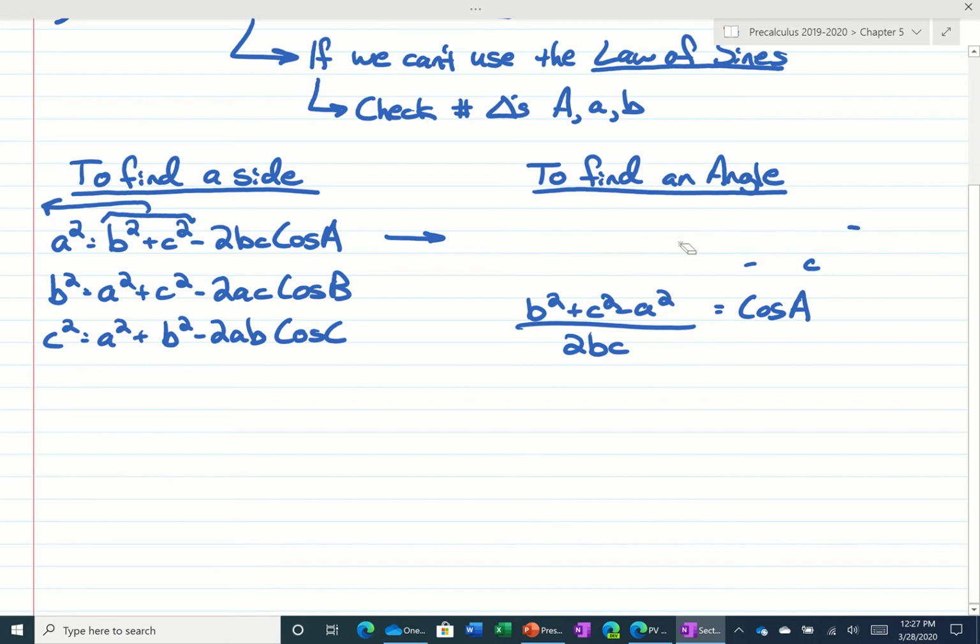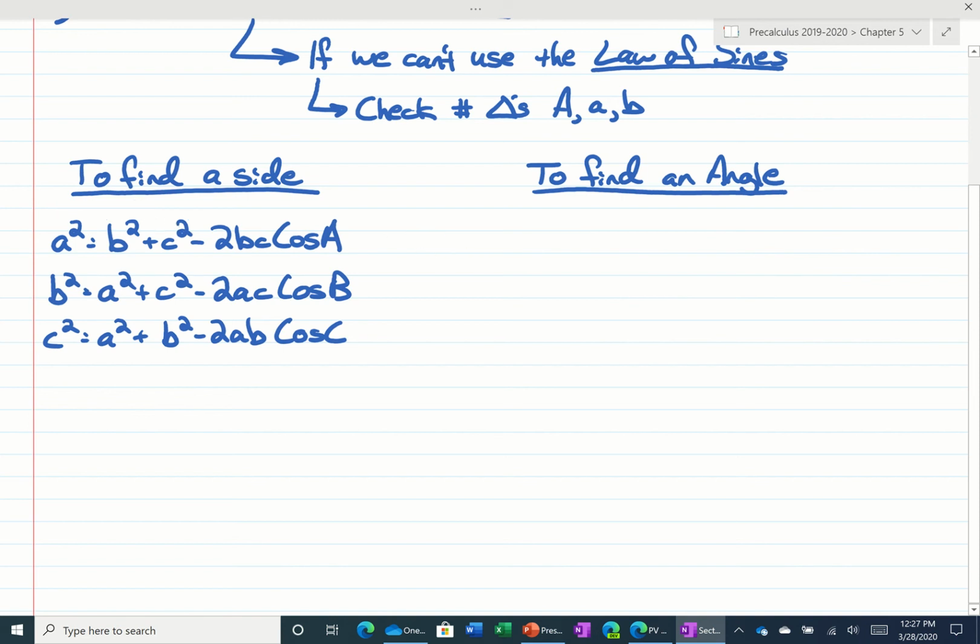But if you're not interested in where it comes from, let me just write down the formulas so you have that. If you want to find an angle, this is what we do. We could get the cosine of angle A by doing b squared plus c squared minus a squared over 2bc.